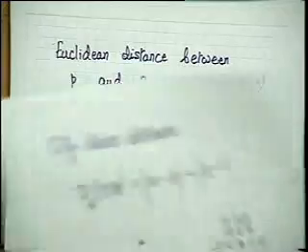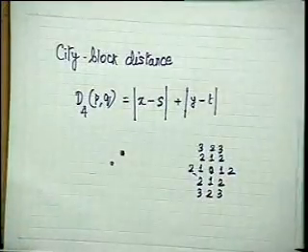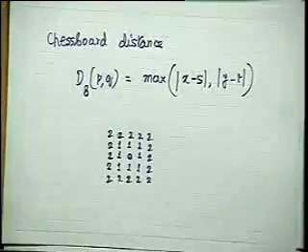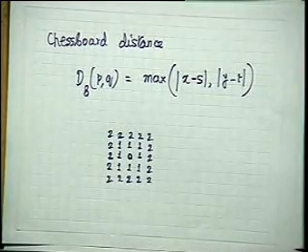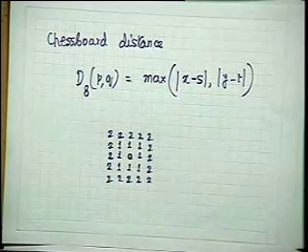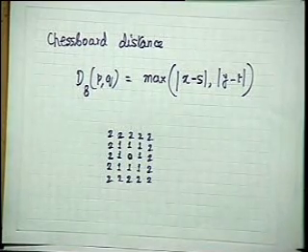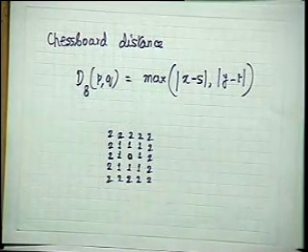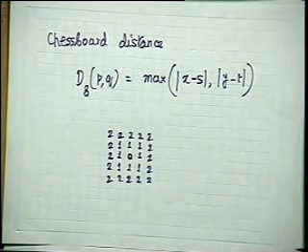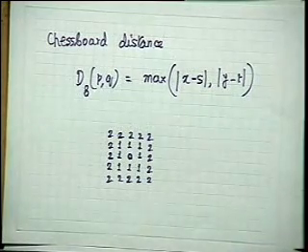Now the question which you can raise is that why we are not following this Euclidean distance? Instead of Euclidean distance, why at all we are considering the city block distance or the chessboard distance? Well, just see, in the case of chessboard and city block distance, the distance measures are always integers, and it is convenient to represent everything in the form of integers when you are dealing with image processing.